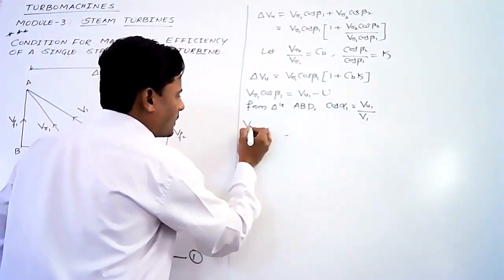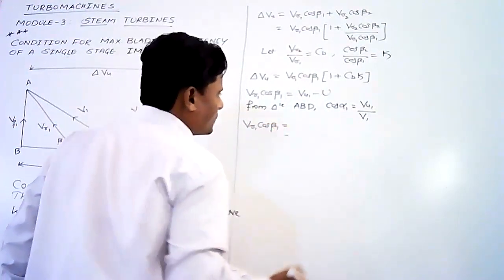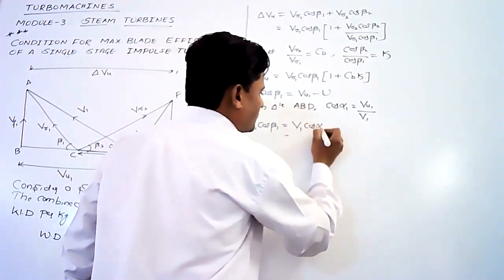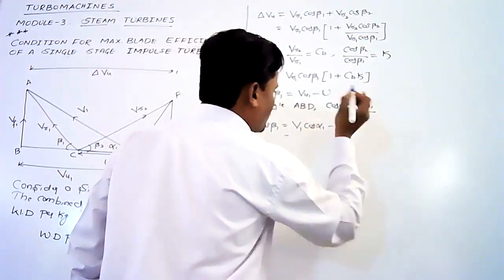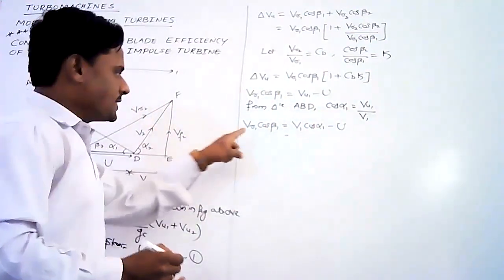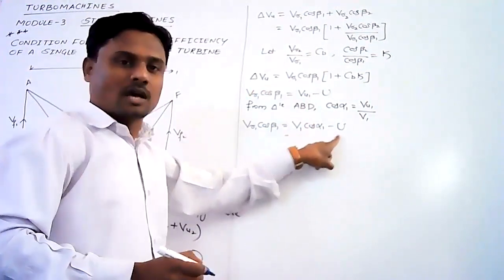So therefore VR1 cos beta 1 equals V1 cos alpha 1 minus U. Let us substitute VR1 cos beta 1 here as V1 cos alpha 1 minus U.